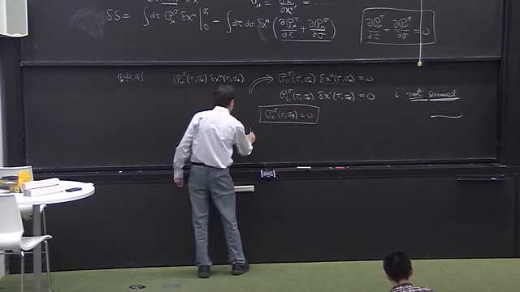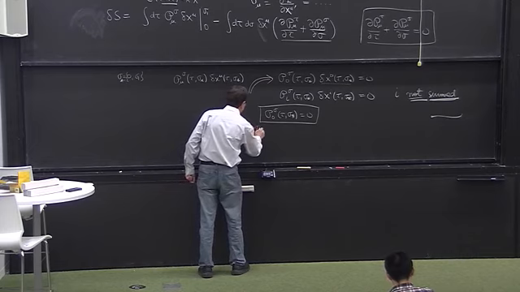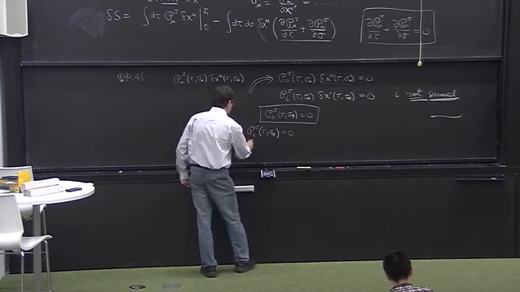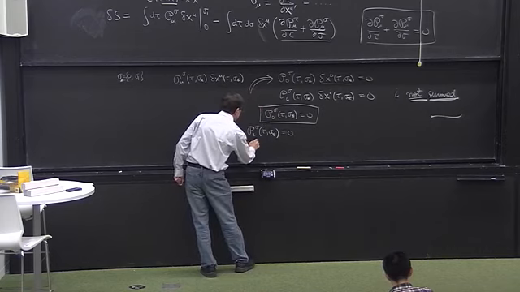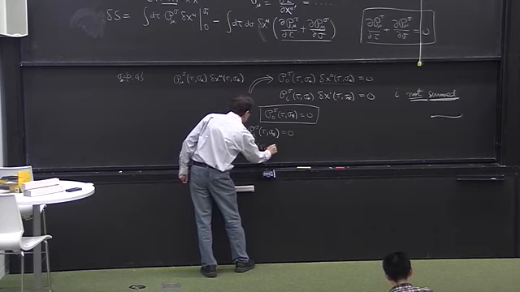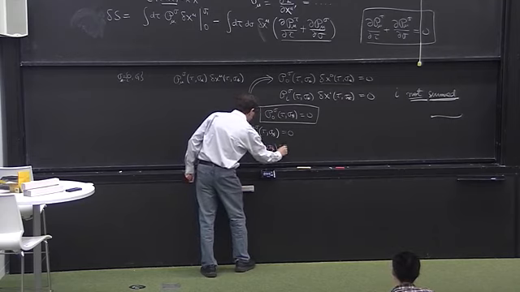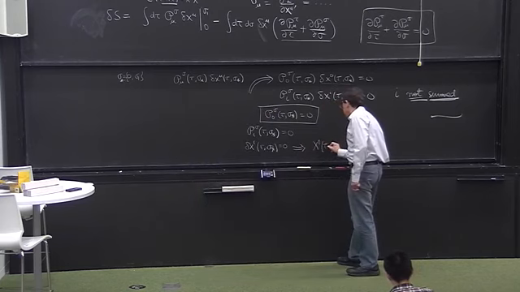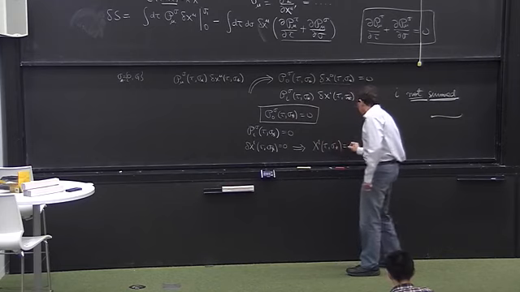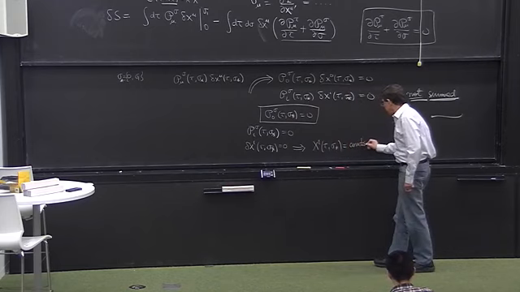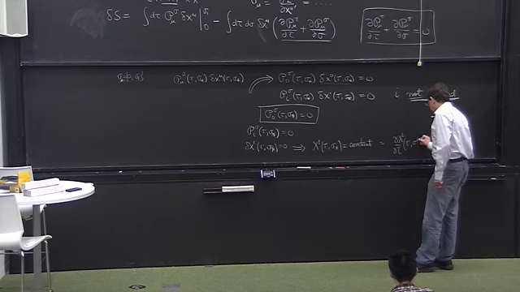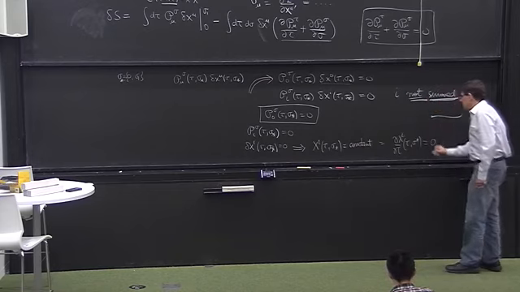Then you can do P i sigma of tau sigma star equals 0, or you could say delta x i of tau sigma star equals 0, which you take to mean that x i of tau sigma star is a constant, or that dx i d tau of tau sigma star is equal to 0.